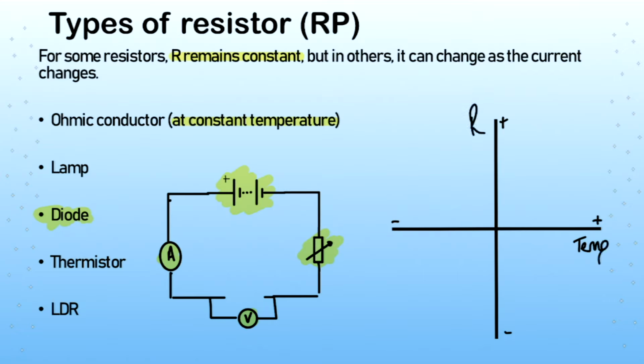So if we increase the temperature here for a thermistor, the resistance will decrease. So if we have a low temperature, the resistance will be high, and if we increase the temperature, its resistance gets lower. So you have this kind of curve-shaped graph. Now this can be useful in things like a thermostat.